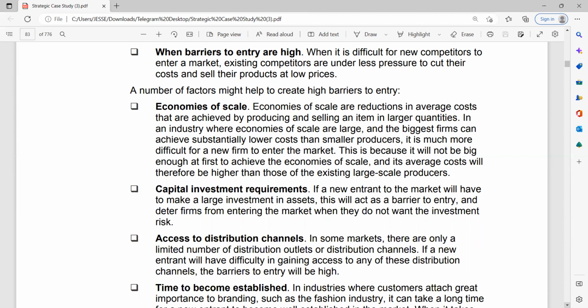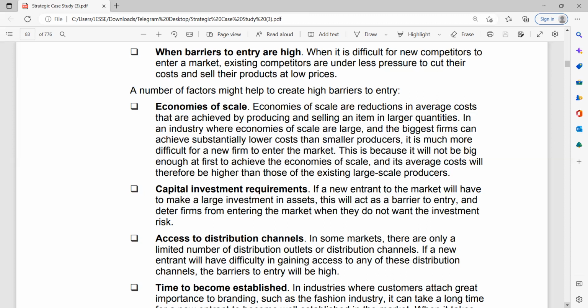So this is a situation where a company's average cost per unit declines as a result of volume by selling and producing items in large quantities. Economies of scale are reduction in average costs that are achieved by producing and selling an item in larger quantities. In an industry where economies of scale are large and the biggest firms can achieve substantially lower costs than smaller producers, it is much more difficult for a new firm to enter the market, right?